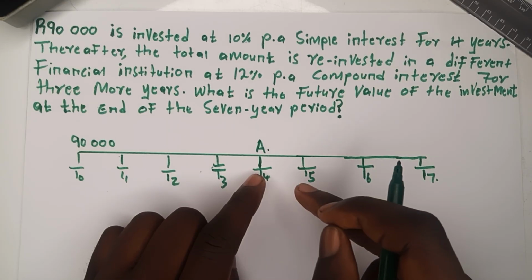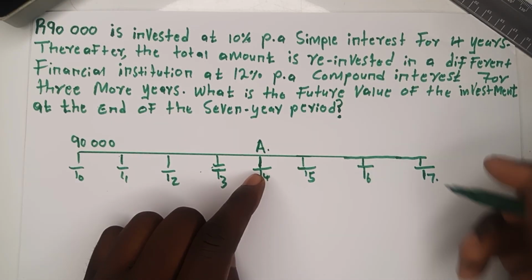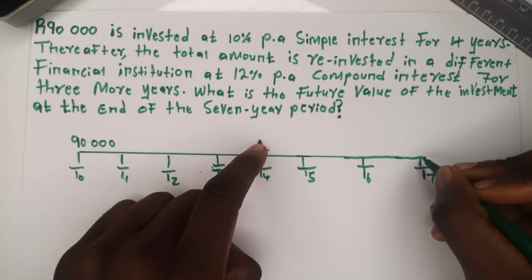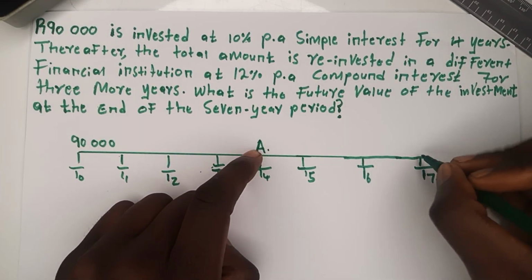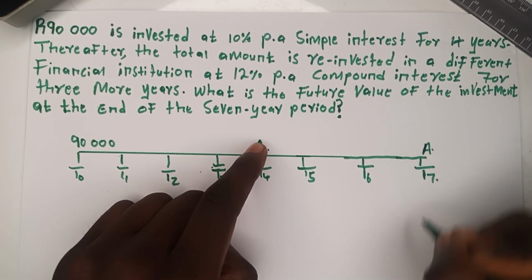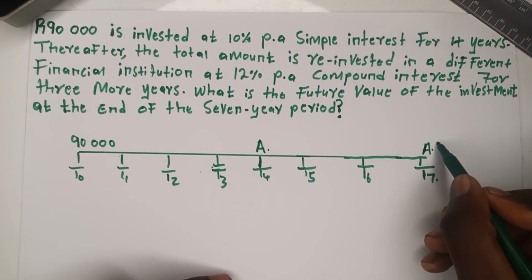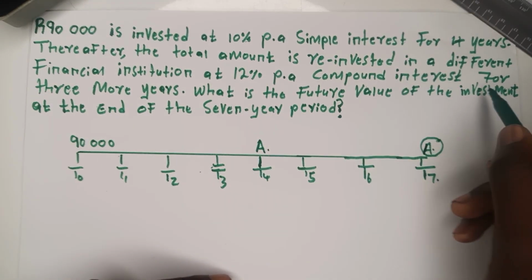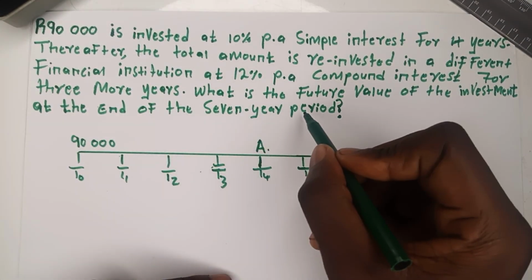So we are going to invest that amount for 3 years. So at the end of the day, this amount is going to accumulate to another amount. So we are going to have another A again. What they're interested in this question is this value, because they're asking what is the future value of the investment at the end of the 7-year period.